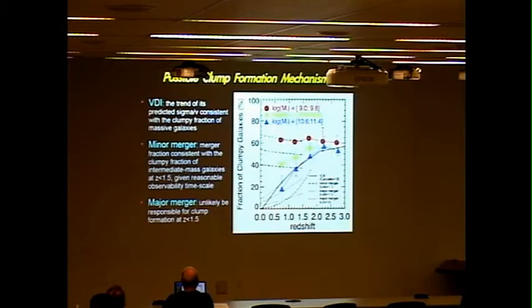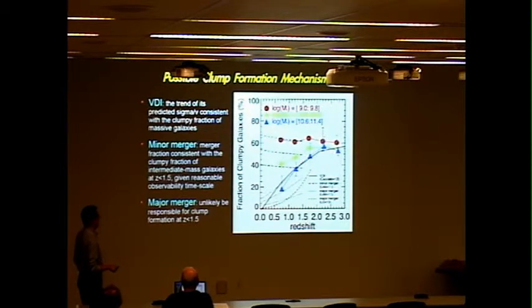Given this definition, we can do a statistic to say how many star-forming galaxies in our sample contain at least one offset UV-bright clump. So this is the result. The colors mean different stellar mass bins, and at high redshift, galaxies in all stellar mass bins have about a 60% chance of being clumpy galaxies.